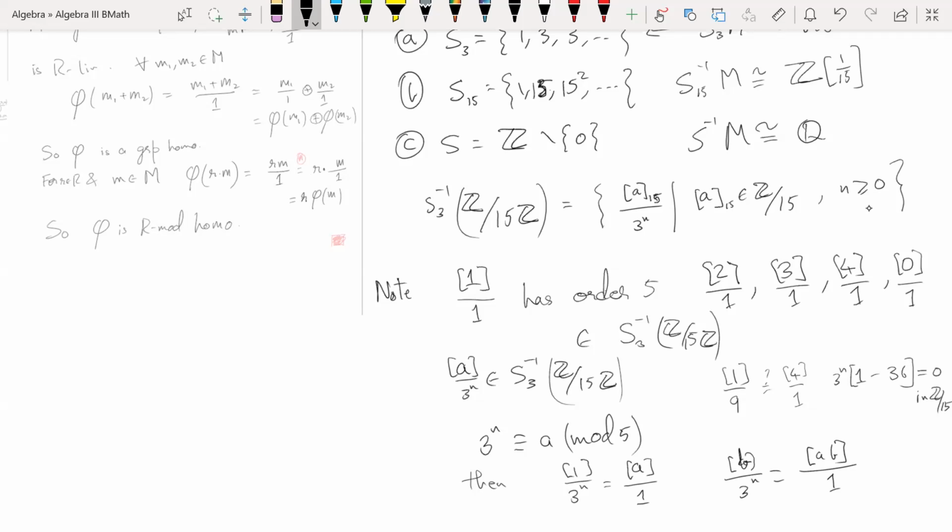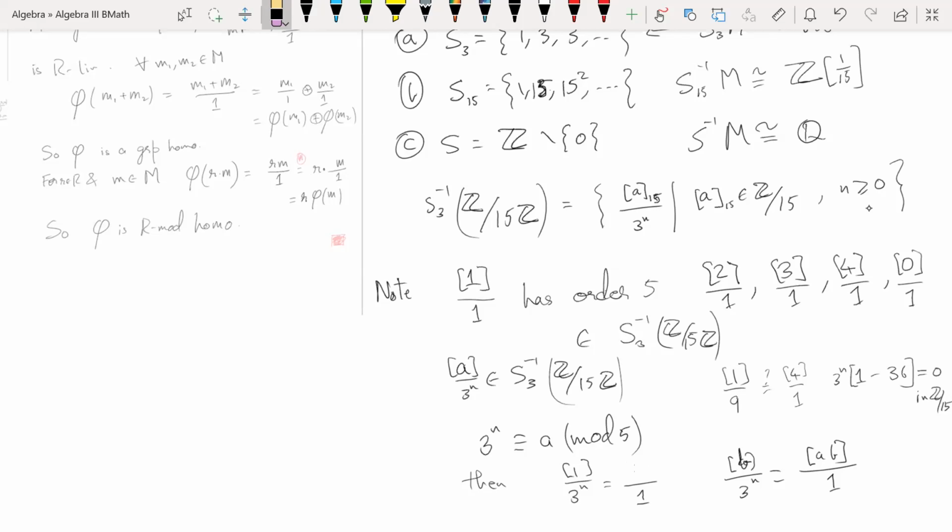Say that again. Shouldn't it be A inverse, sir? Yes, sir. A should be in the denominator. If 3 power n is congruent to A inverse mod 5, then this holds. So what should be the numerator?